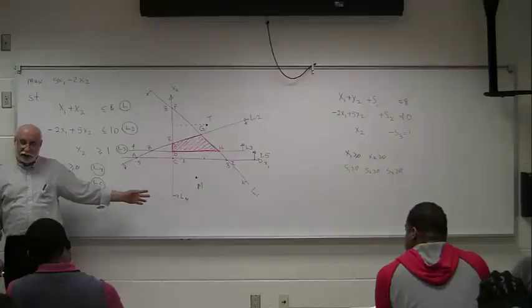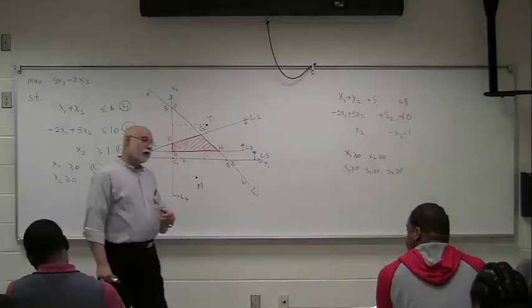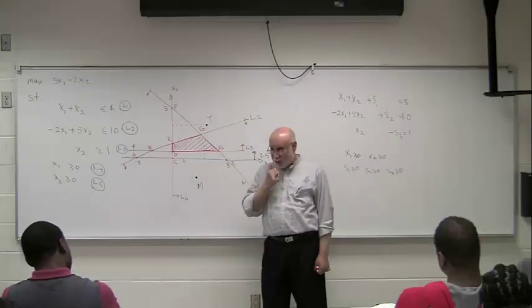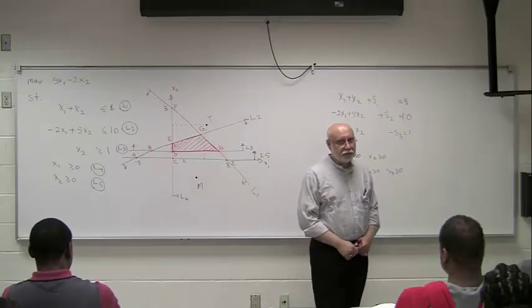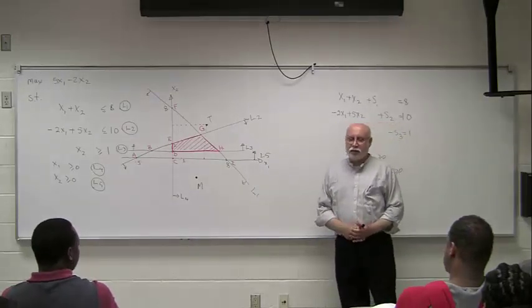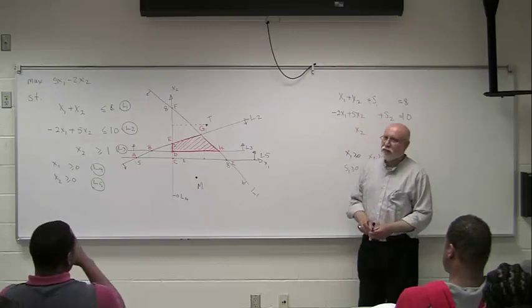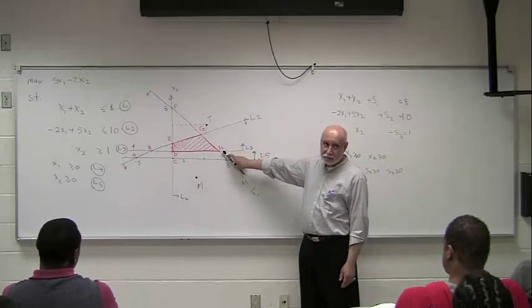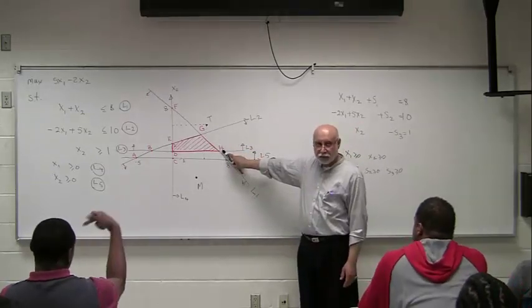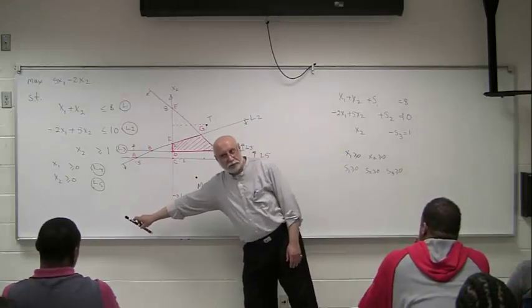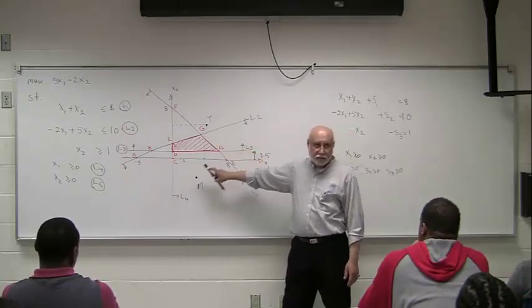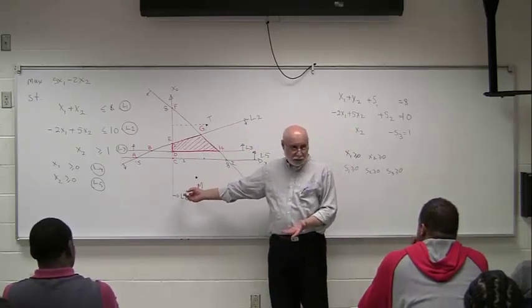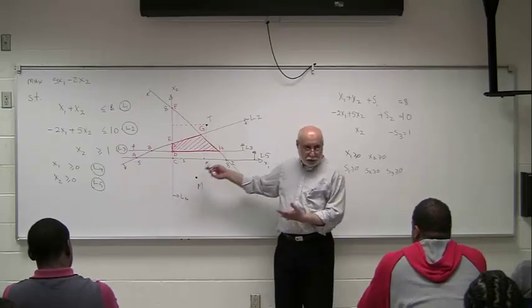Point M, x1 is positive and x2 is negative. x1 is greater than 0 and x2 is less than 0. What about S1? S1 is greater than 0. Why is it greater than 0? It's on the side of the feasible region. There's a positive slack. That's L1. Where is the direction of the solution of L1? Towards it. The point is right here in the solution part, and it's away from the line.